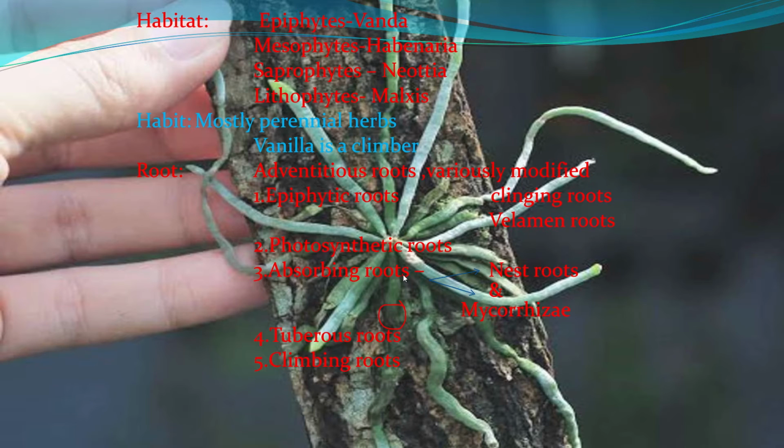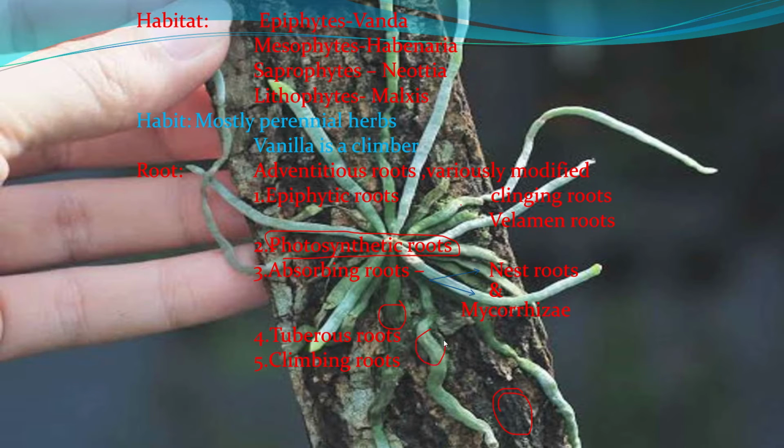Actually, Taeniophyllum plants lack leaves and also stem. The roots are modified into green ribbon-like structures, which are useful for photosynthesis. This type of root is called photosynthetic roots. These photosynthetic roots are present in Taeniophyllum. You can observe, this one is the host plant.